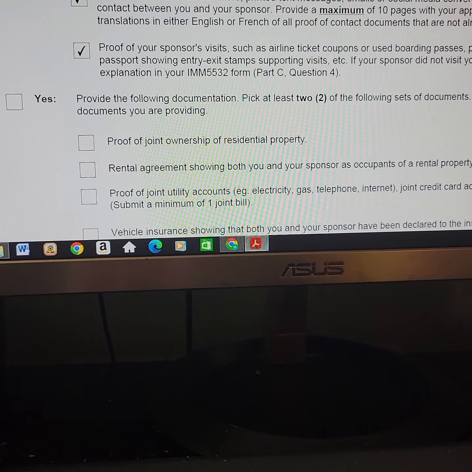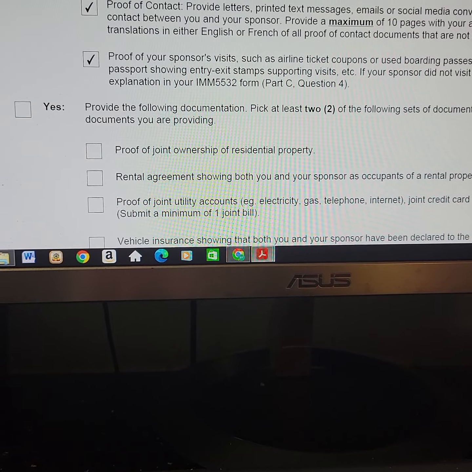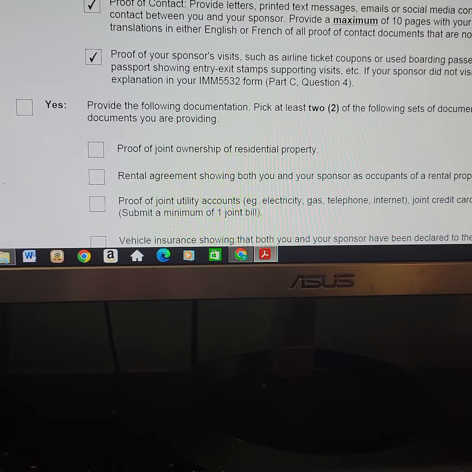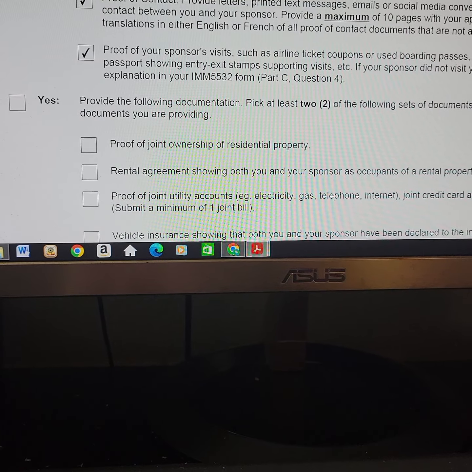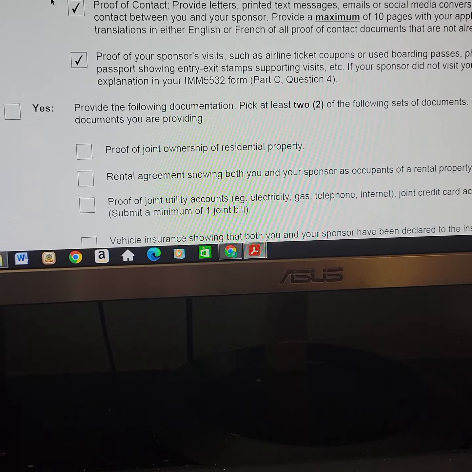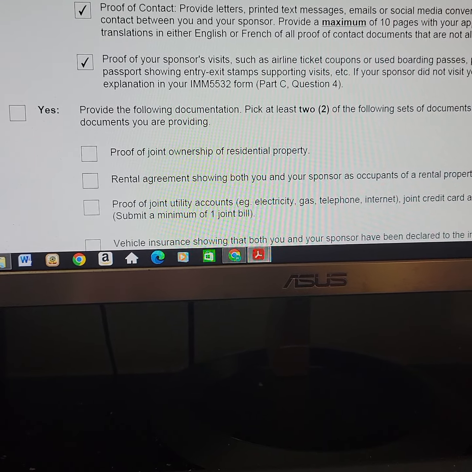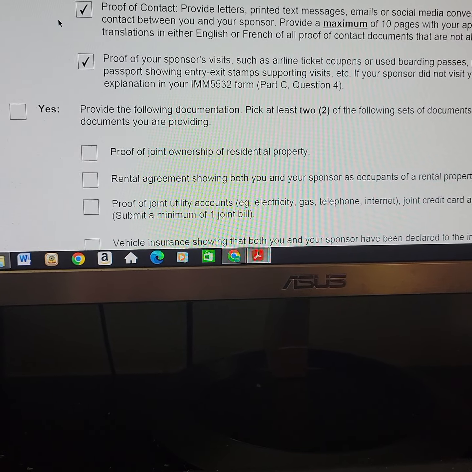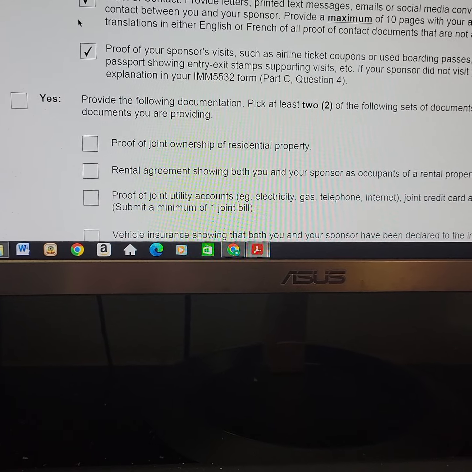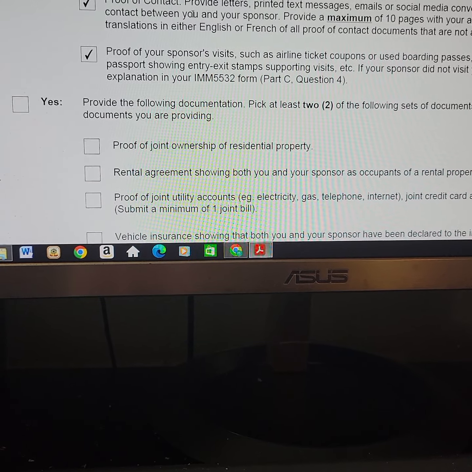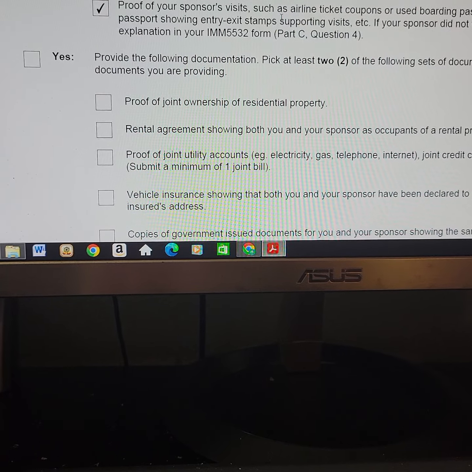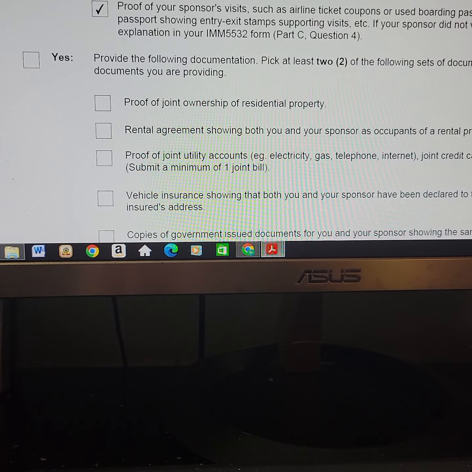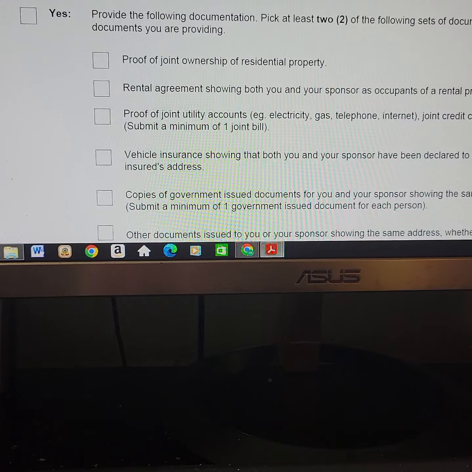Are you and your spouse currently living together? Obviously no, he's in Morocco, I'm in Canada, unless I'm doing an inbound application, where they're already in Canada. But anyhow, for proof of contact, provide letters and whatnot, and proof of sponsor visits, such as airline tickets. So it is very important to read all of these.